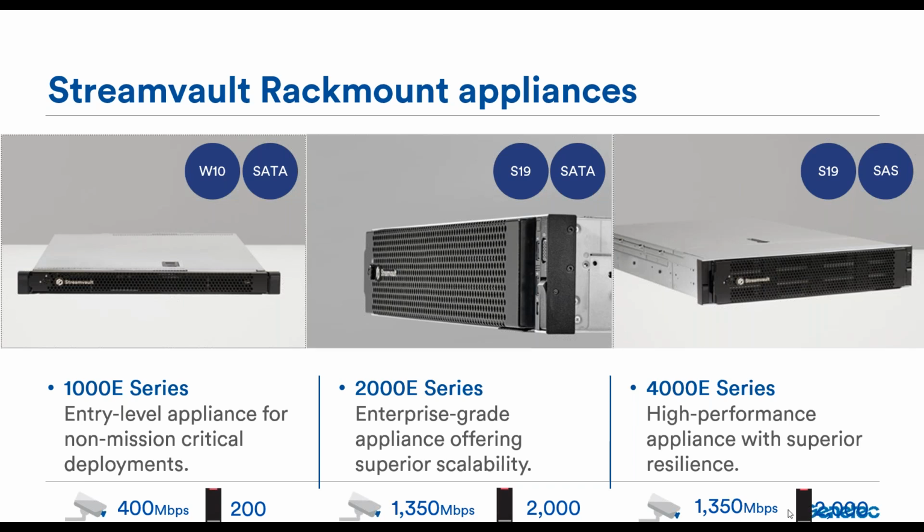And a 4000 is the same thing as a 2000. So the big difference here between the 4000 and 2000 is the SAS drive. So often the SAS drive will offer better reliability and features for diagnosing issues and keeping the drives online.